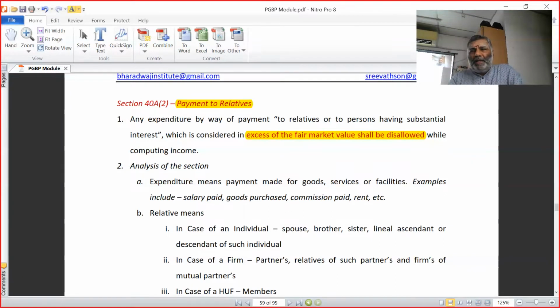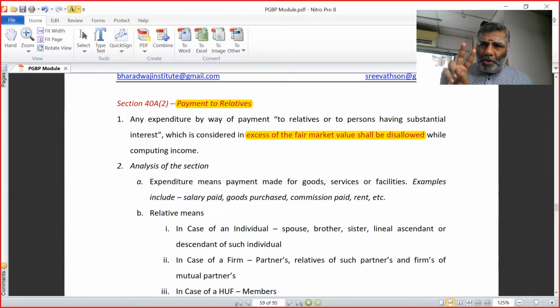So the provision does not prohibit you, it only restricts you to the extent of fair market value. Any expenditure by way of payment to a relative or a person who has substantial interest.